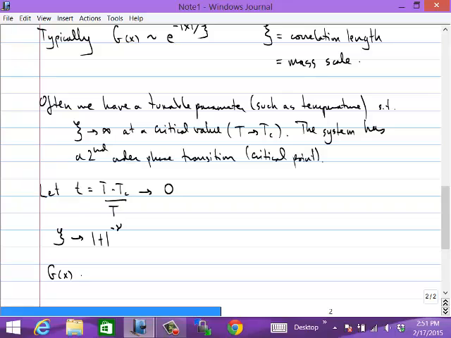So typically, they'll fall off like 1 over x to some power. And so I'll call that power d minus 2 plus eta, where eta is a number that we're going to try and predict. So these two parameters, nu and eta, are parameters that characterize the behavior of the system near its critical point, and they're typically called critical exponents.